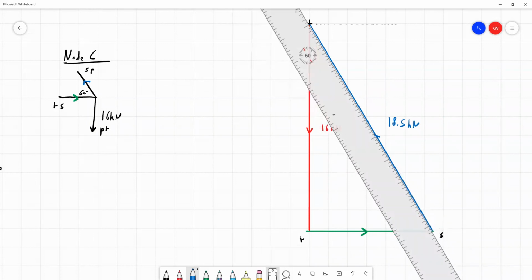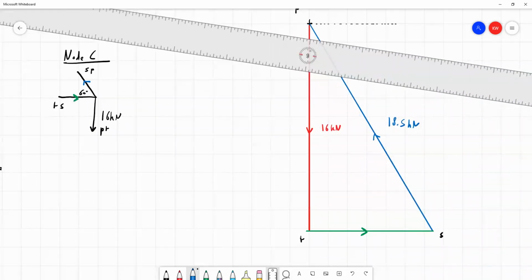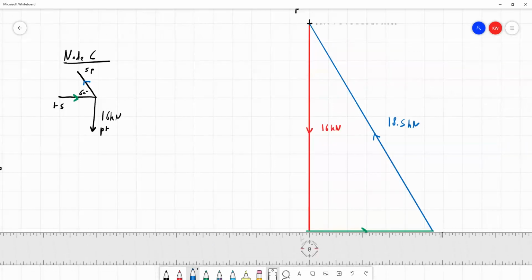And we'll measure again the other vector, so get our ruler horizontal. And we can see this is going to measure 9, and it's hard to see this, it looks bigger than 9¼, less than 9¼ here.